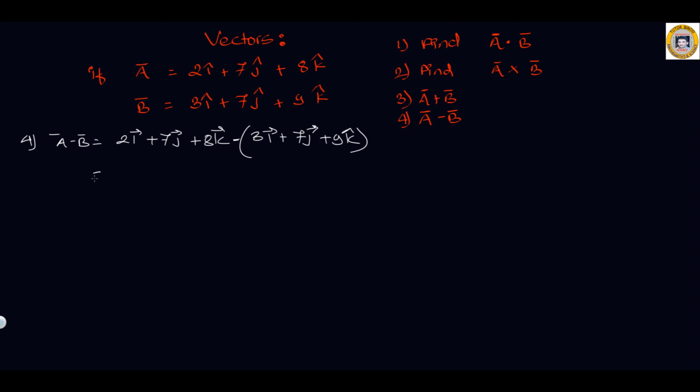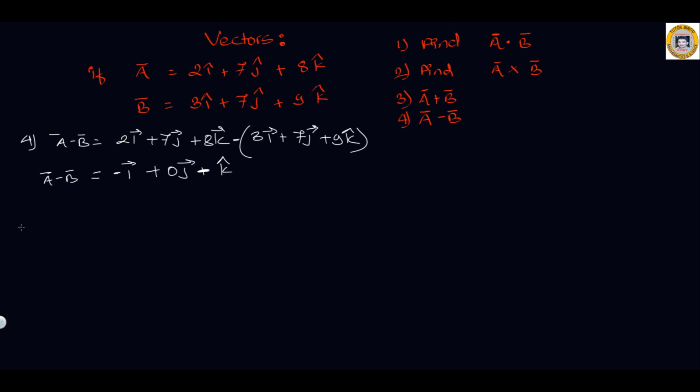So let us see what we get. If I subtract 3i from 2i, I would get negative i. If I subtract 7j from 7j, I would get plus 0j. Plus if I subtract 9 from 8, I would get negative k. So this is our a minus b.